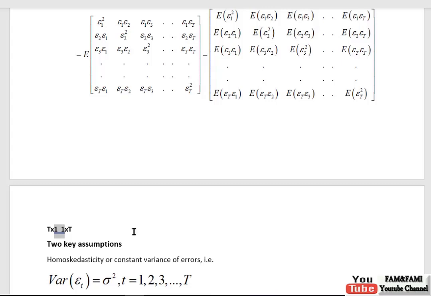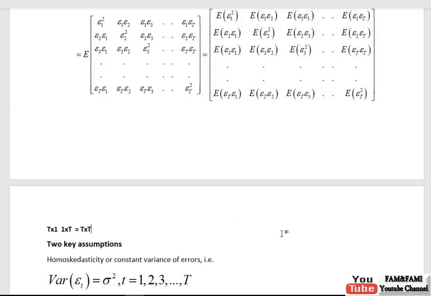If you multiply a matrix that has t rows and one column with another matrix that has one row and t columns, the resultant matrix has dimension: number of rows in the first matrix by number of columns in the second. So t cross t.